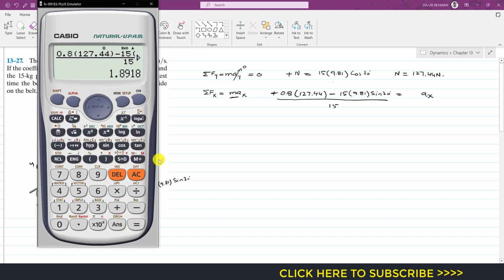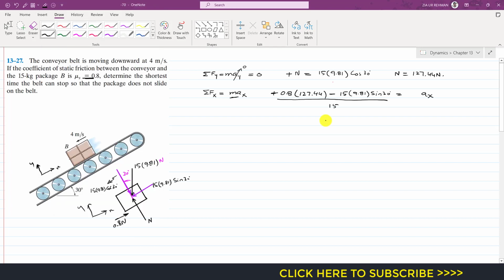So the acceleration is 1.892 meters per second squared. Since this acceleration is positive, this means that the direction of the acceleration is in the positive x direction, like this. So this is that AX, and it is in the positive x direction.